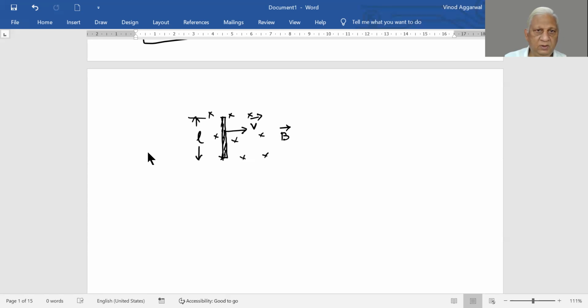If I call it PQ, an EMF will be generated across length PQ, and this will be equal to B times velocity times L.